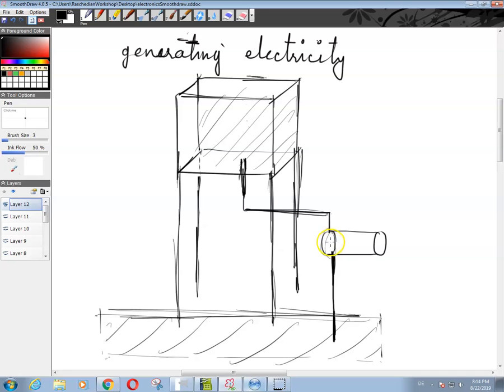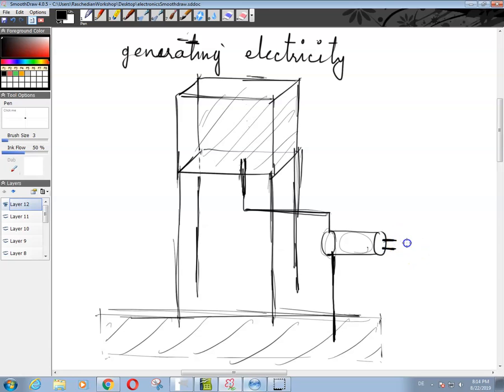So when that wheel starts turning, there is a generator in here, with a shaft connected to that wheel, and then that generator starts turning, and there are these two poles over here.